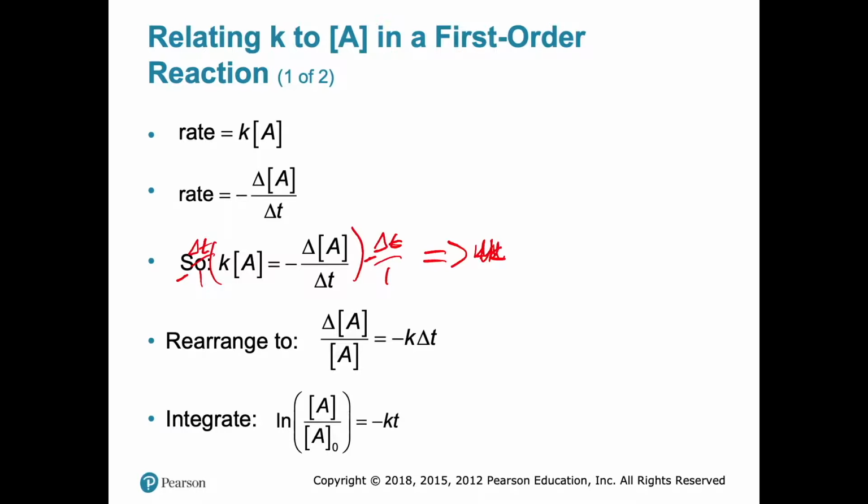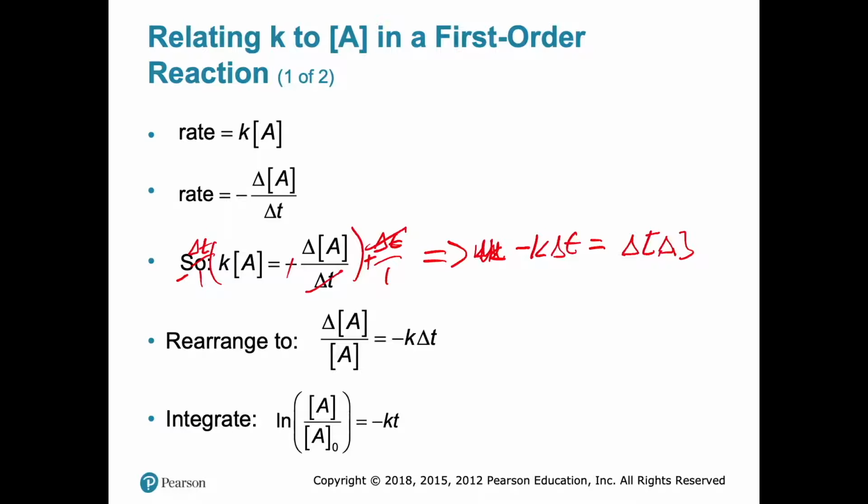And so that makes it so that you have negative K times the change in time equals the change in A. So we've gotten rid of this because we canceled that out, and we get rid of those minus signs because the two minuses make a positive, right?